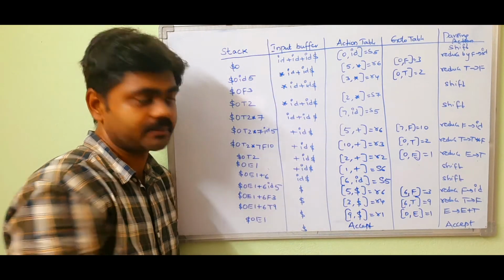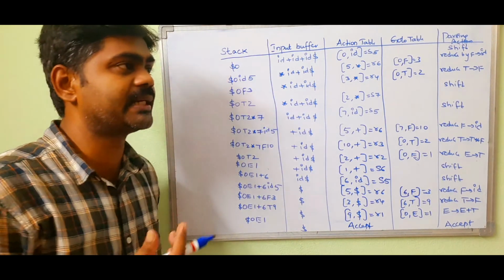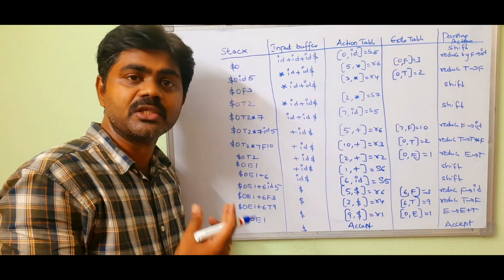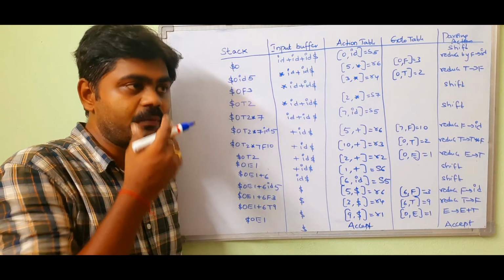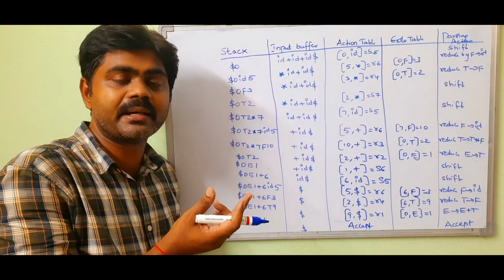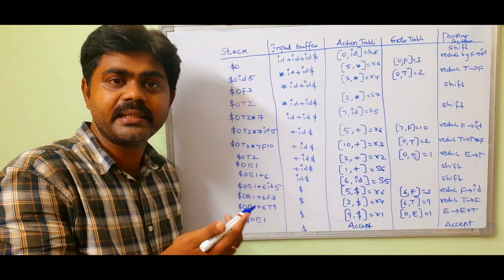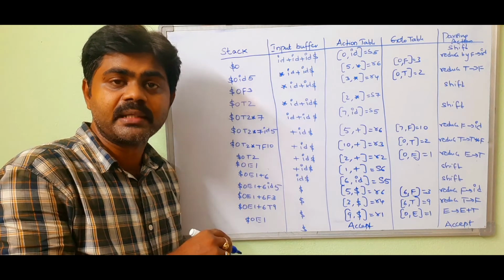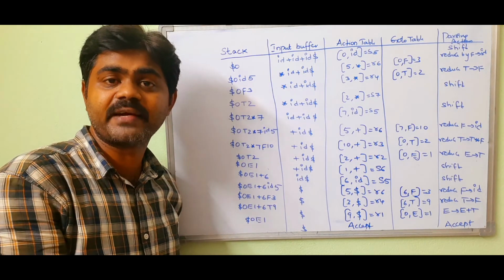So I hope you understand. This is all about the simple LR parser. What we did here, we learned about different terminologies like augmented grammar, kernel items, closure, go to, and how to find the canonical set of items.